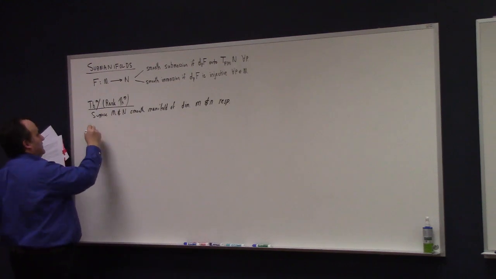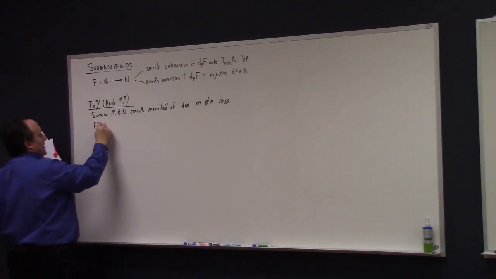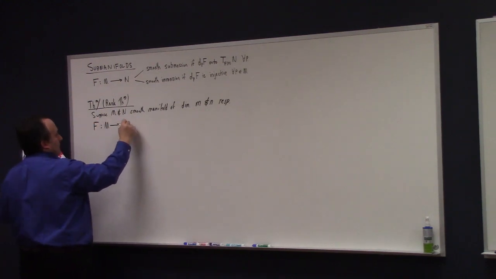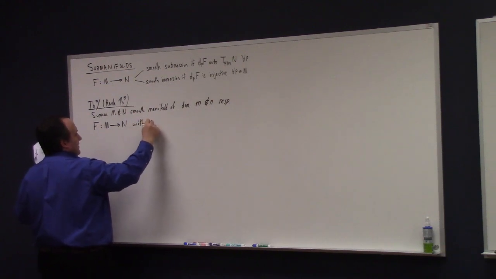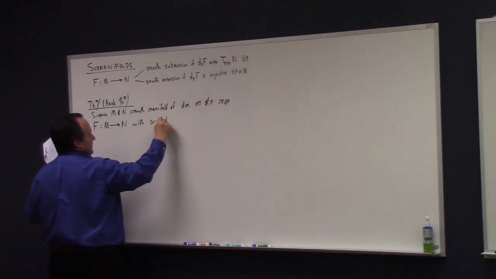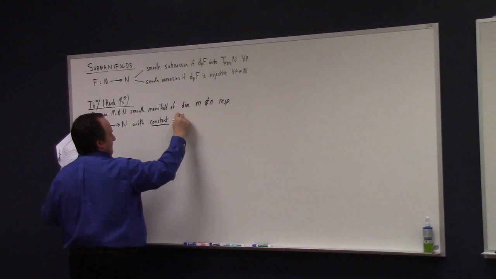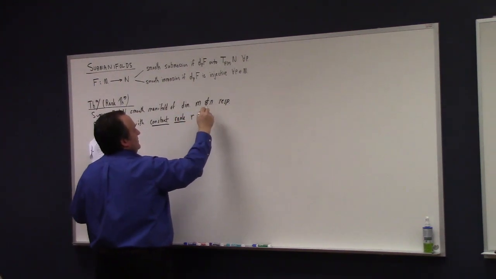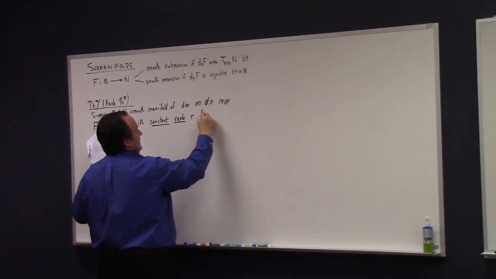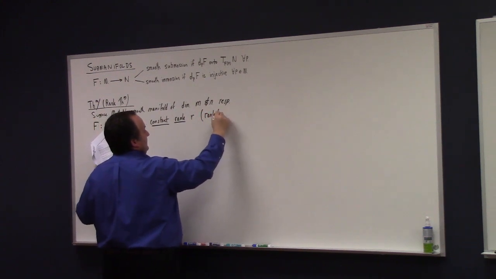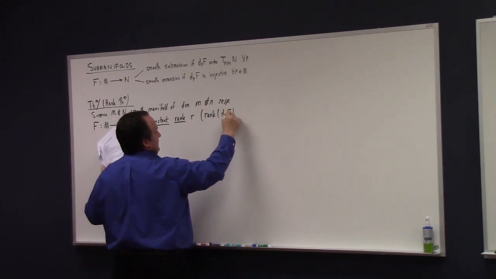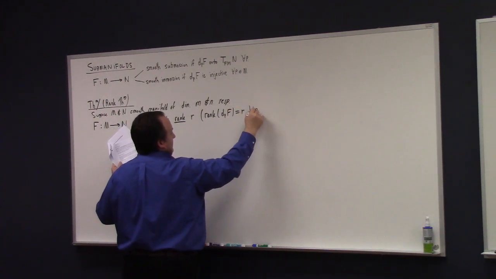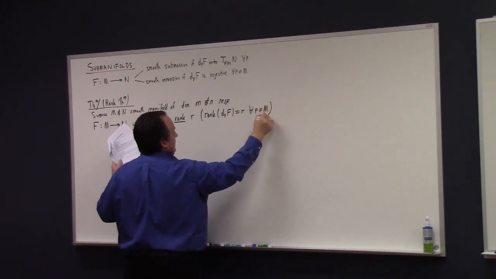And we've got F, a smooth map from M to N with constant rank r. What that means is that the rank of the differential at p of F is equal to r for all p in M, right?